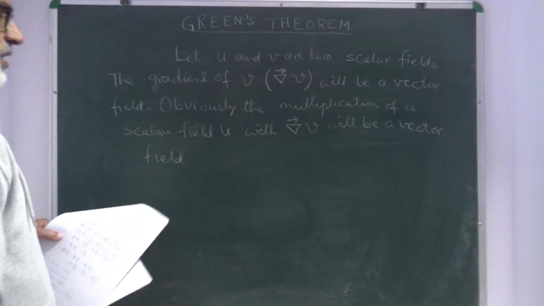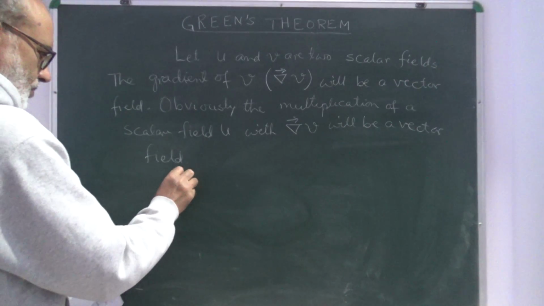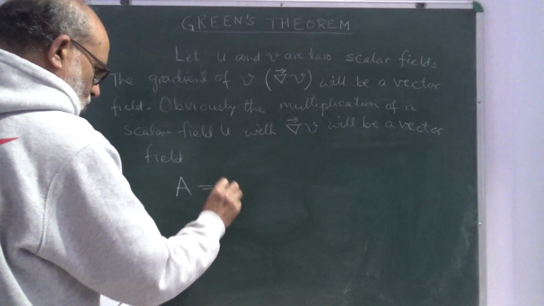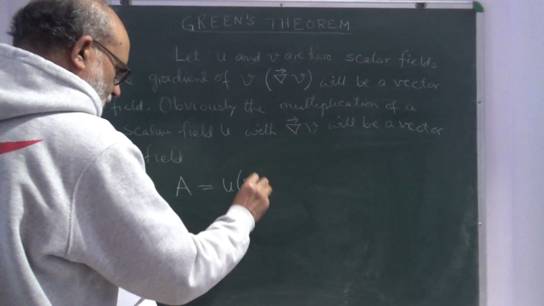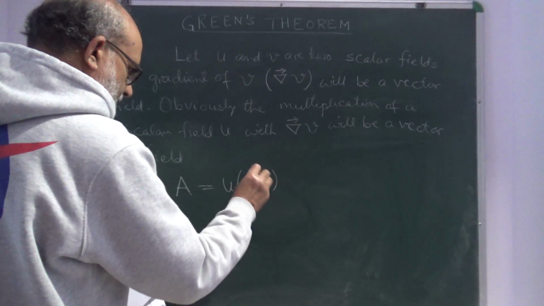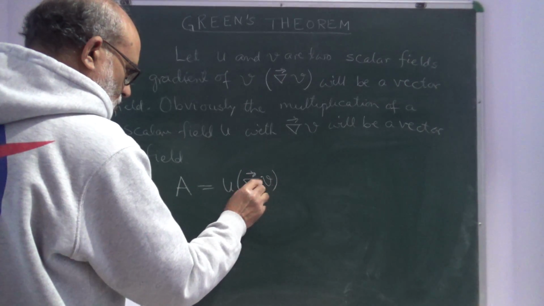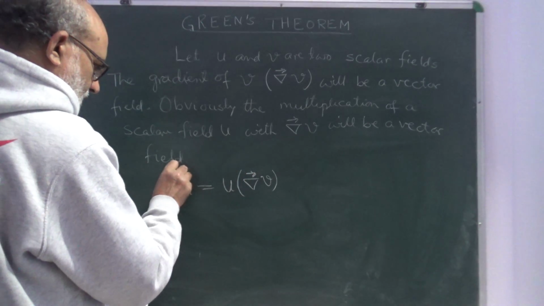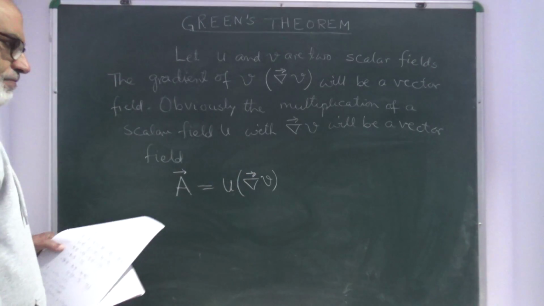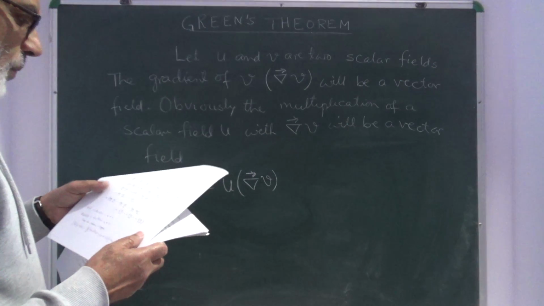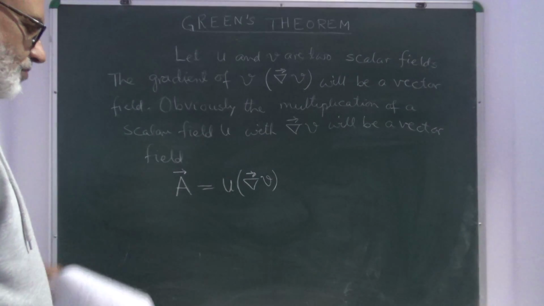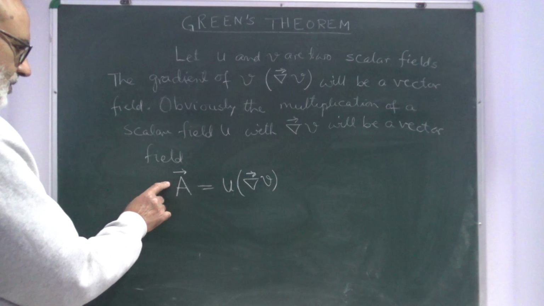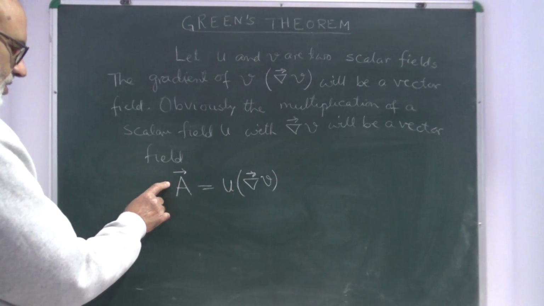Now suppose this, U multiplied by the gradient of V, so this is the gradient of V multiplied by the scalar field U. This results in a vector field, say A. Now take the divergence of A, this vector field, and see what the result comes out to be.